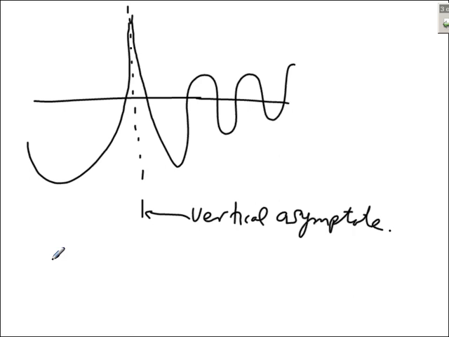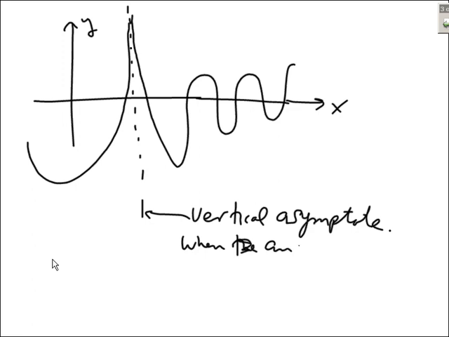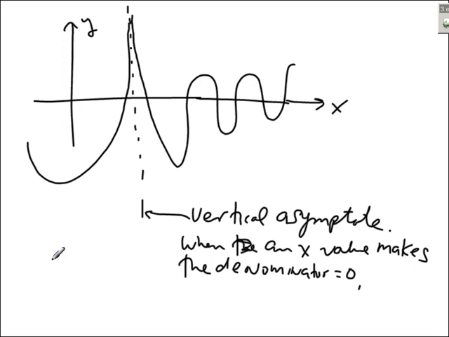And basically, so here's the x-axis and here's the y-axis. Basically, you have a vertical asymptote when an x value makes the denominator equal to 0, but this x value does not make the numerator 0.